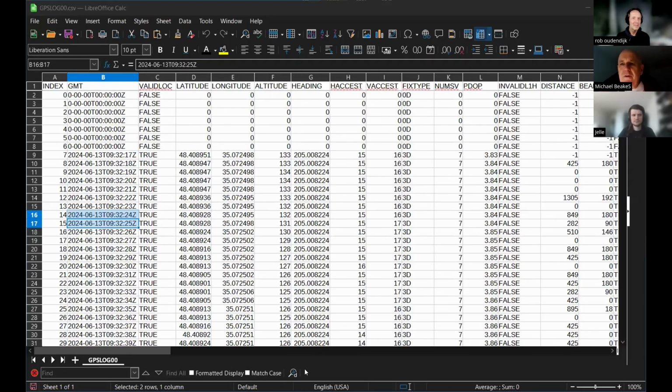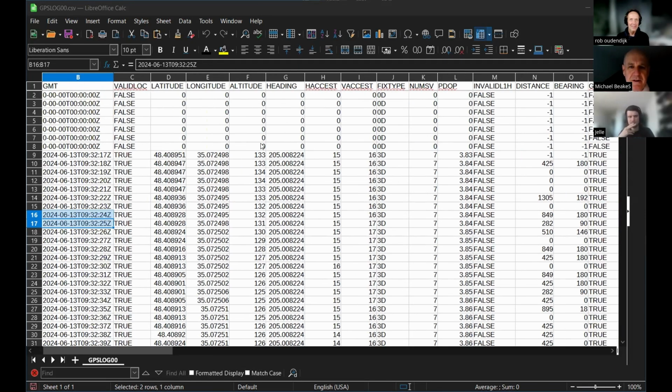Okay. So now the GPS logger tool that I have generates a file. For any timestamp, it shows you the data related to the PVT packet.